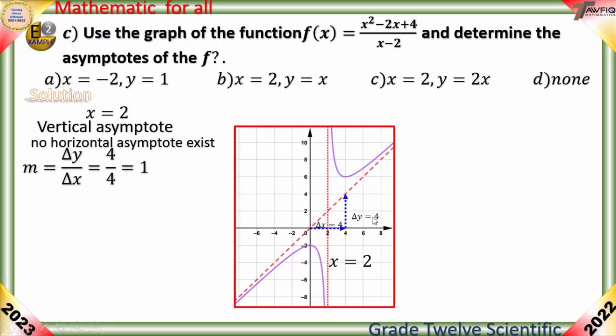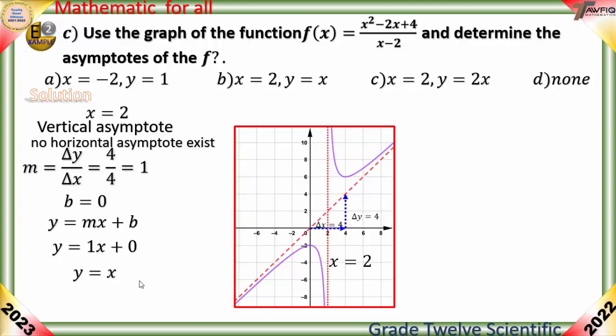And now m, the slope of the line, is delta y over delta x, which is 4 over 4, equal to 1. Because the slant asymptote passes through (0, 0), b is equal to 0. So y equals mx plus b, y equals 1x plus 0, so y is equal to x. This is the first way to find the slant asymptote.